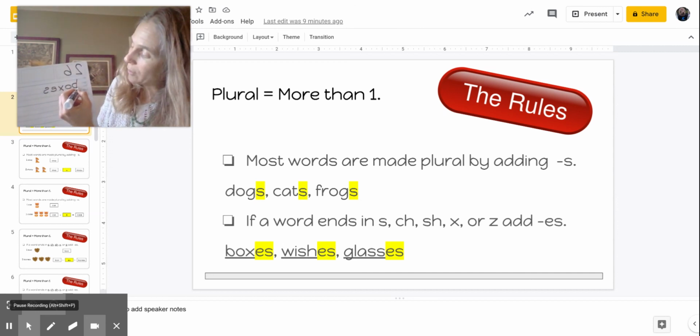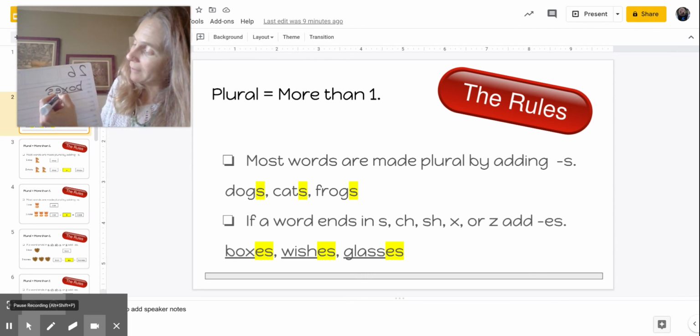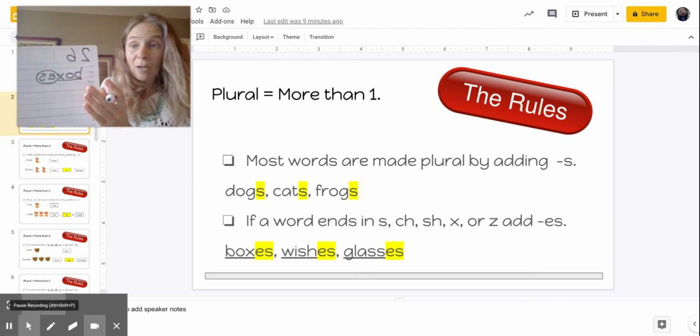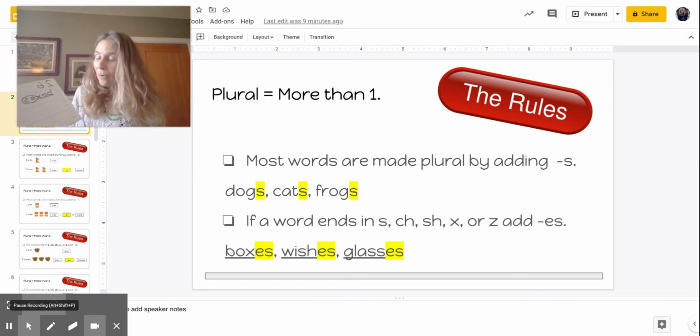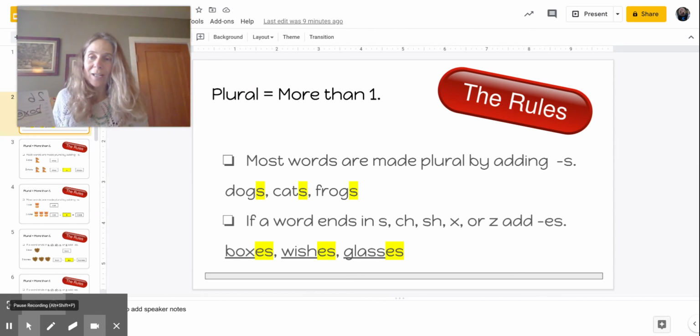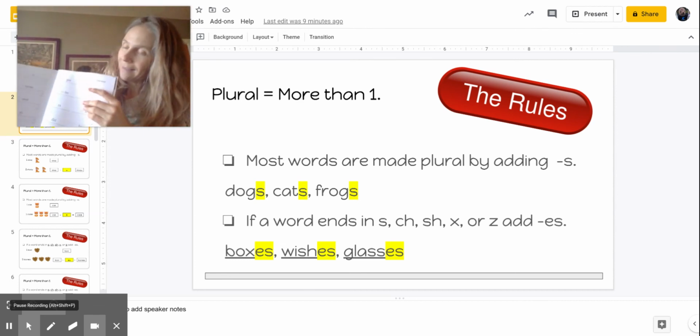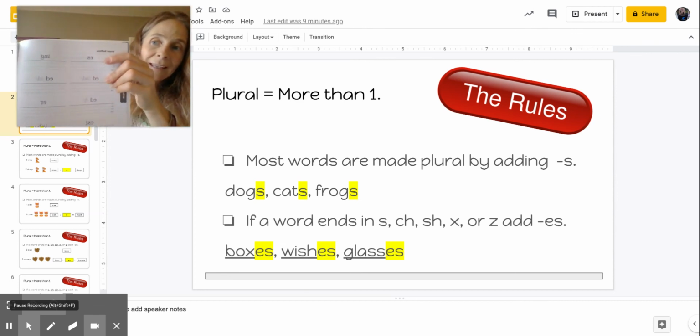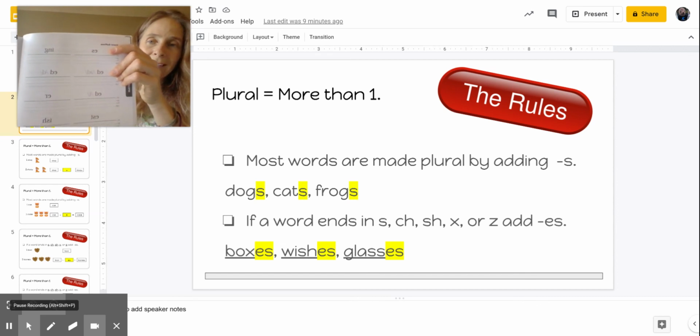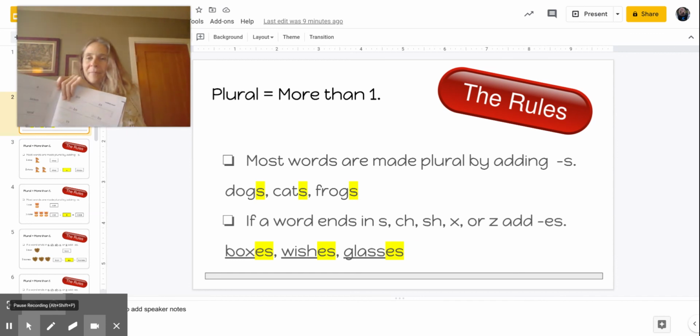Boxes. Now I'm going to underline my base word and circle my suffix. So you can write that on paper, or you can write it in your student notebook under the section that has the ES on page 26. Write boxes and mark it.